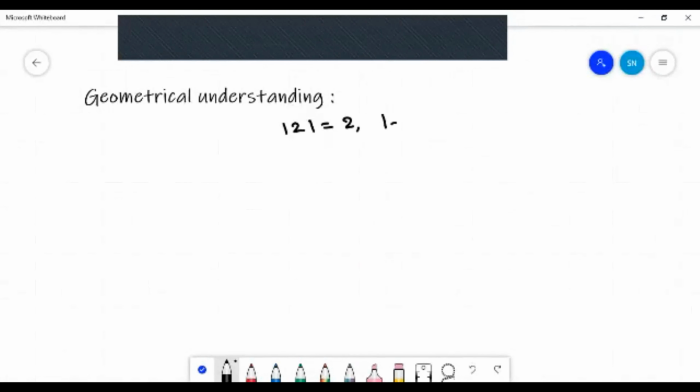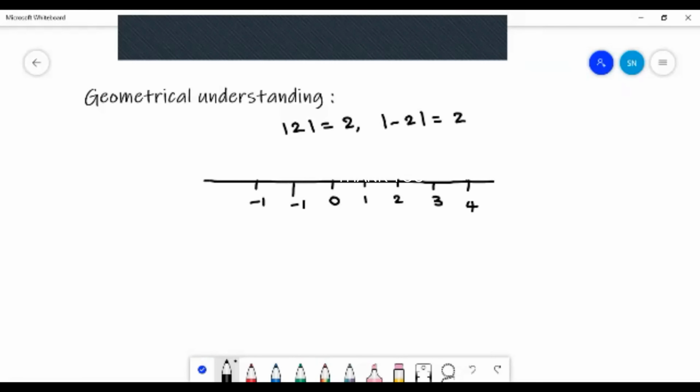What does it mean geometrically? If I take a real line, say 0, 1, 2, 3, 4, and to the left side of 0, minus 2, minus 3, the negative values.